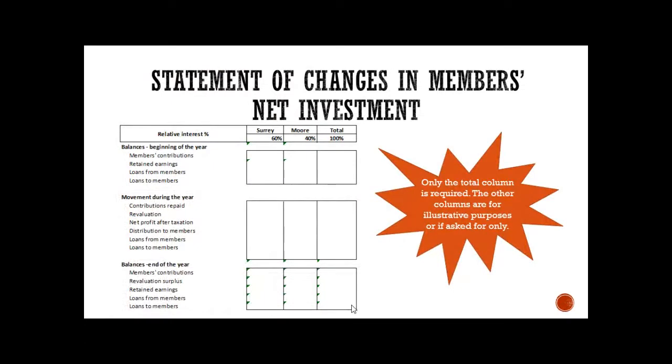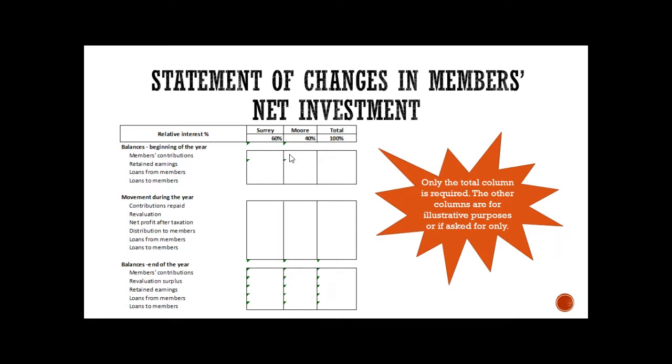Okay, so what is also important is you get a statement of changes in members' net investment. So this shows how the members' net investment has changed. Now on the slide, you will see I've indicated the members' percentage as well as their names. Now this information here, those 2 columns for the individual members, you don't actually have to show that when you do the disclosure.